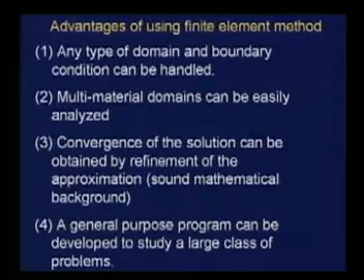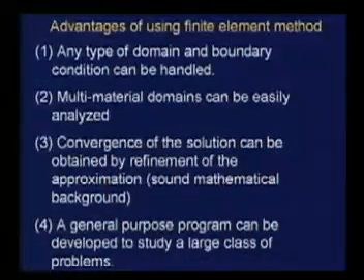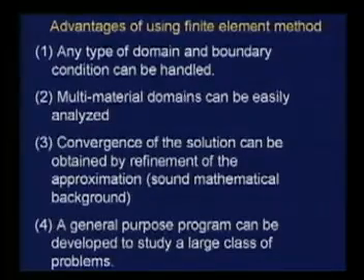This is a very important advantage that we get when we use the finite element method, especially in 2 or 3 dimensional problems. In 1 dimension, pretty much all methods can give you the same efficiency, but in the 2 and 3 dimension problems, it really helps to do the analysis in a very efficient way, and also we can develop general purpose codes which can handle any given boundary condition or domain.